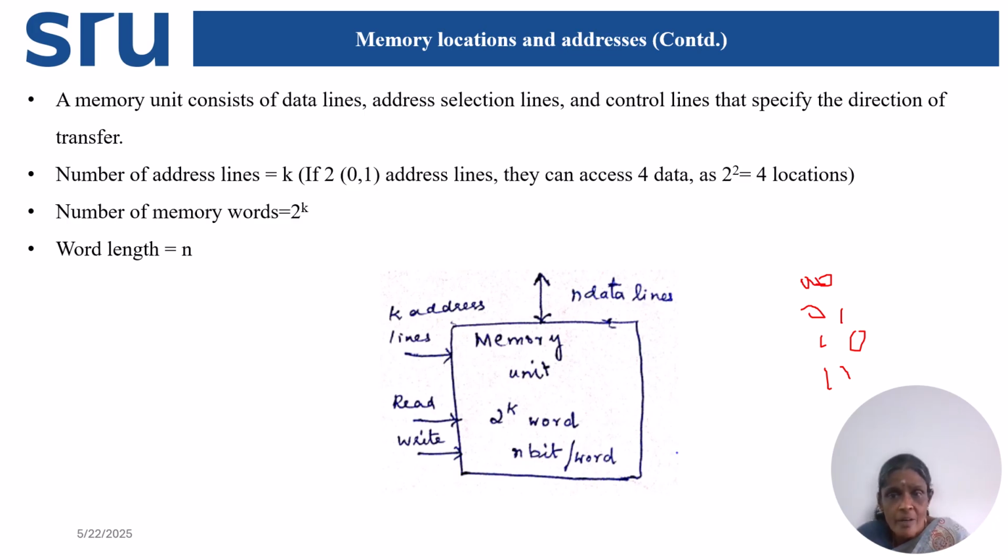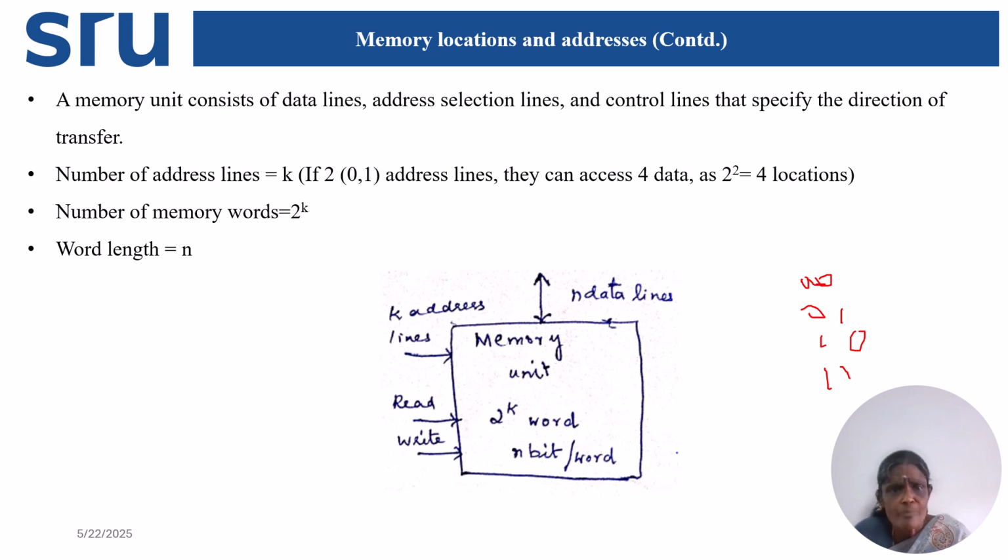In this way we have developed 4 locations: 0 0, 0 1, 1 0, 1 1.